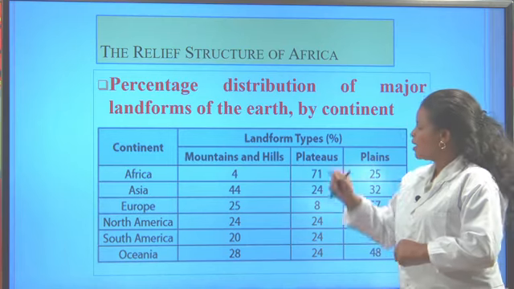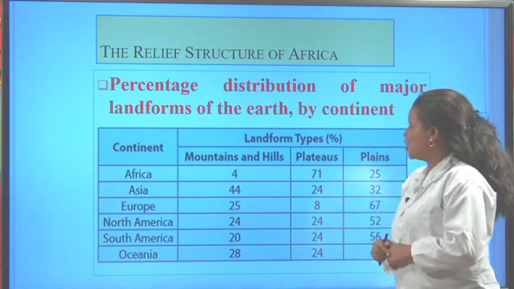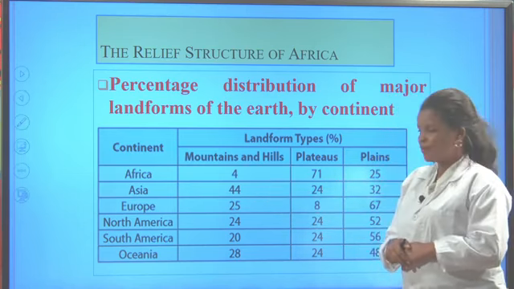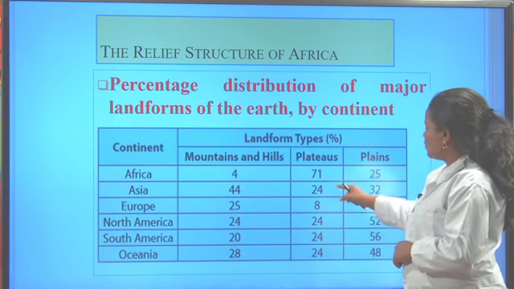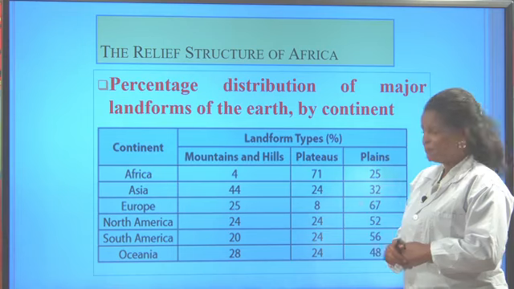Asia is dominated by mountain. 44% of the land of Asia is mountain, 24% plateau, and 32% plain.